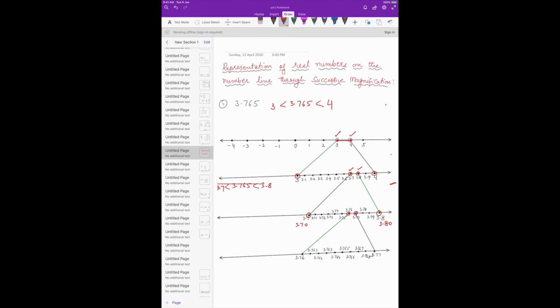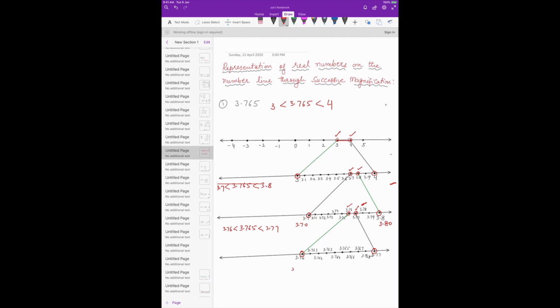Again the same question arises: 3.765 now lies between which two numbers on the third number line? Obviously it lies between 3.76 and 3.77. So we have highlighted these two numbers on the number line, and again we have expanded the portion between 3.76 and 3.77.